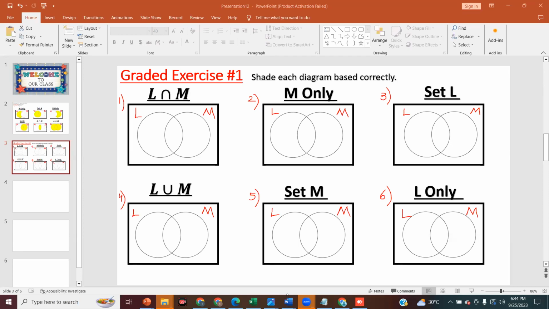All right, so we should have the first slide. Santos, what number are you on? Number 3. Do you understand what you're doing? Yes, sir. All right. Samaya, what number are you on? I'm sending the work now. Okay, that's good. Lanaya, what number are you on?